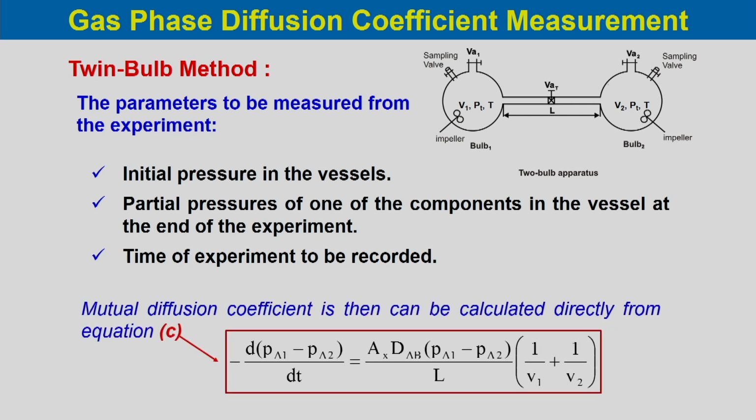Then the mutual diffusion coefficient can be calculated directly from equation C, because the cross sectional area, the volumes of both bulbs and the length of the tube are known, and we note the time of operation.